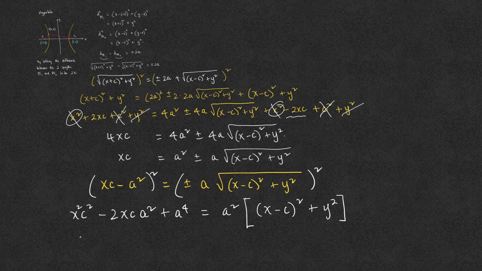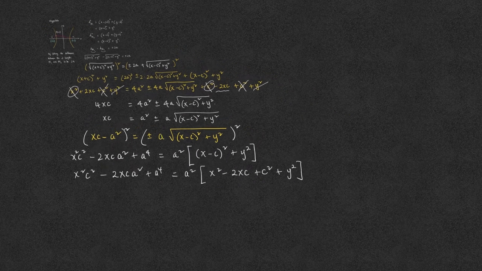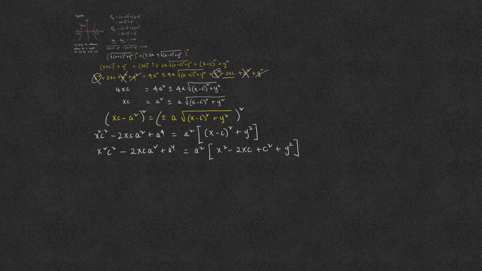This is now x squared c squared minus 2xc a squared plus a to the fourth equals a squared. Distribute, we have x squared minus 2xc plus c squared plus y squared. Then we distribute a squared on the right hand side.